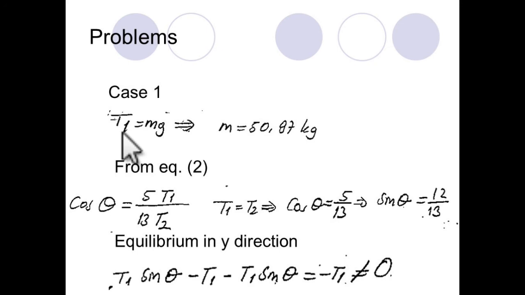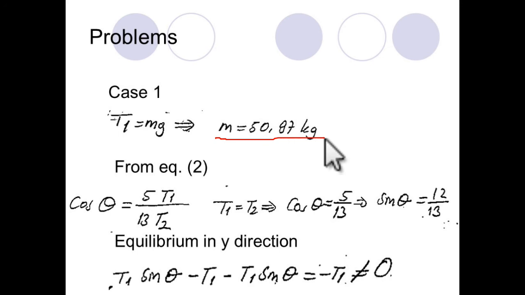If we put 500 newtons in place of T1, what we are going to get is 50.97 kilograms for the mass of the object.